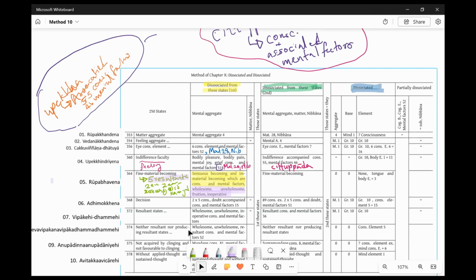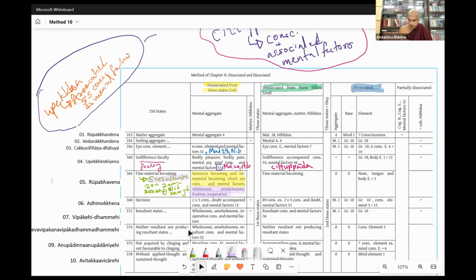There is also Kama Vachara Vipaka Chitta, like the Chakku Vijnana, Sota Vijnana, Sampatichana, Santirana. So in that case, do we need to exclude these from the first dissociated states, or because they are dissociated by plane, is it okay to still include them? Yeah, it's not included here.